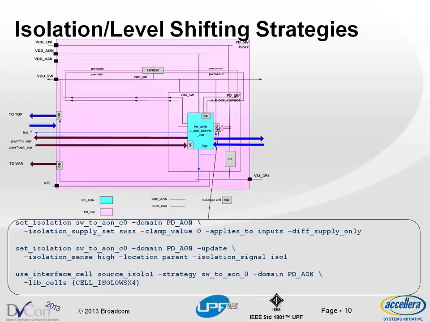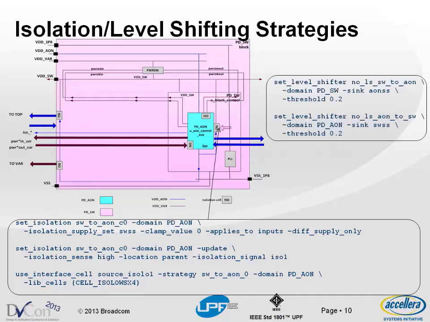In this particular case, we've decided not to use level shifters. And if you want to specify not to use level shifters, you could specify that by using a command called set level shifter. What is the condition for not using level shifter? In this particular case, what we are trying to tell the tools is to ignore putting a level shifter if the voltage difference is less than 0.2 volts.